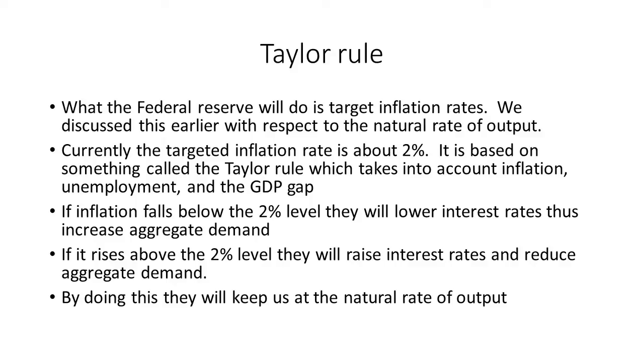If inflation falls below the 2% level, the Fed will lower interest rates, thus increasing aggregate demand and hopefully pushing it back up to the natural rate. If it rises above the 2% level, they will raise interest rates and reduce aggregate demand and bring us back down to the natural level. By doing this, they will keep us at that natural rate of output and keep a steady inflation rate.